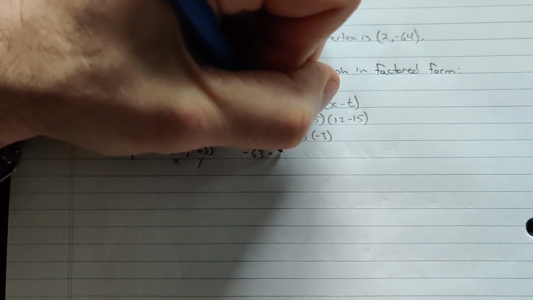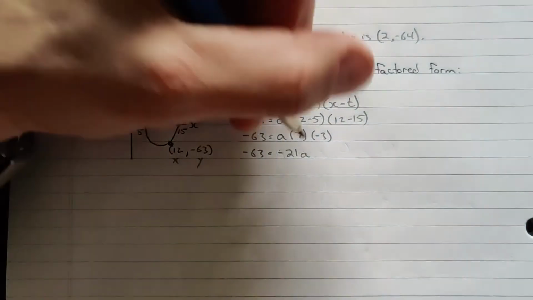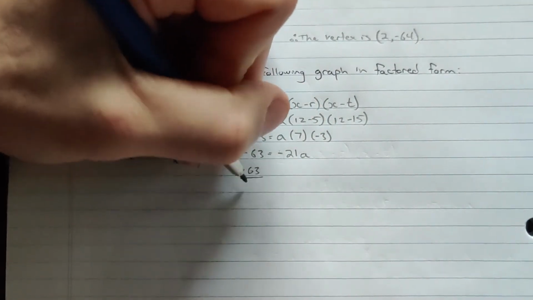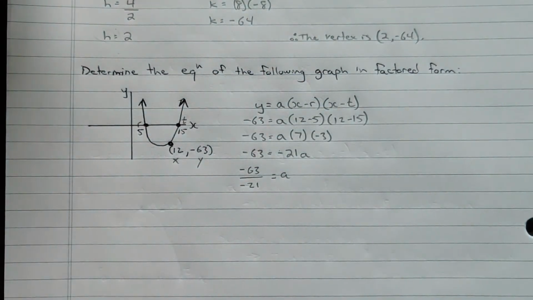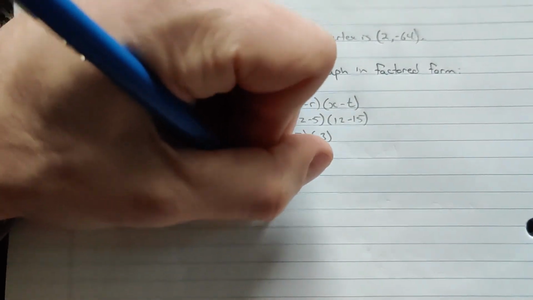We can write that in front of the a, we're used to doing that. Negative 21a. And then we need to divide both sides by negative 21. So negative 63 divided by negative 21 equals a. 63 divided by 21 is going to be 3. And that's our a value.